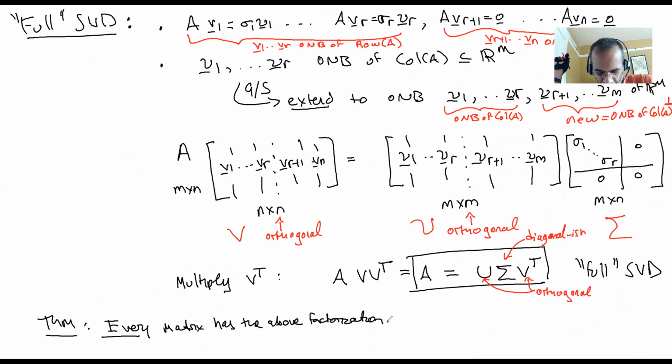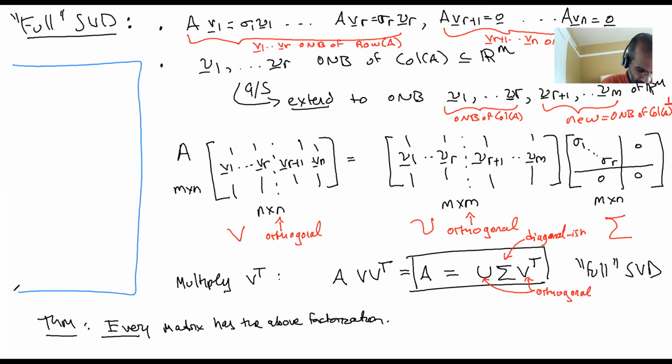Okay, so maybe I should say what is the interpretation of the full SVD? The truncated SVD had some interpretation. What is the interpretation? Well, it's a multiplicative interpretation. And in this case, what is the geometric interpretation of an orthogonal matrix?